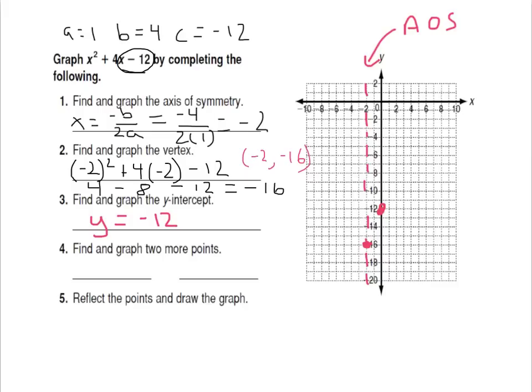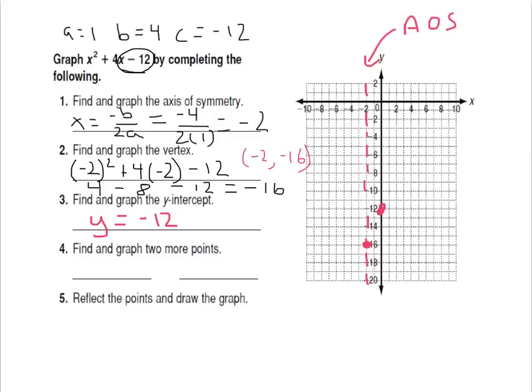Find and graph 2 more points. What I would do is I would go ahead and I would plot the other, well, let's plug positive 1 in and see what we get.